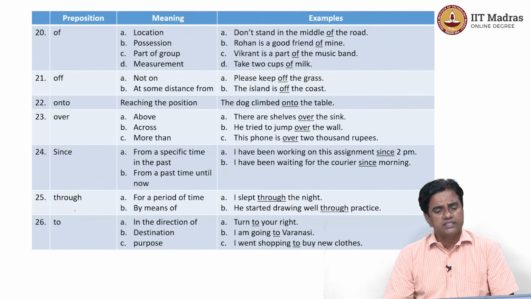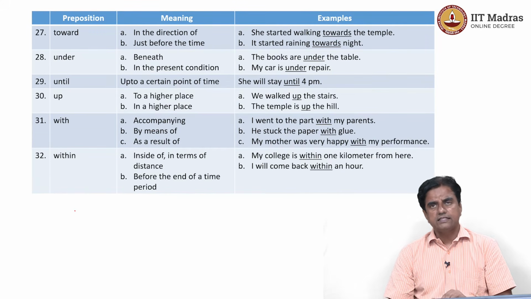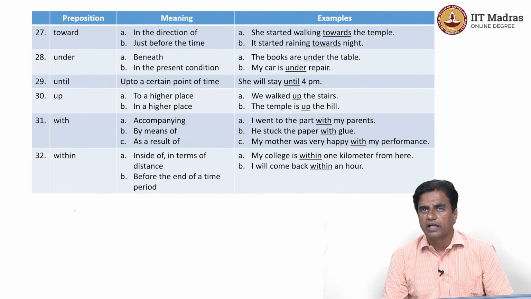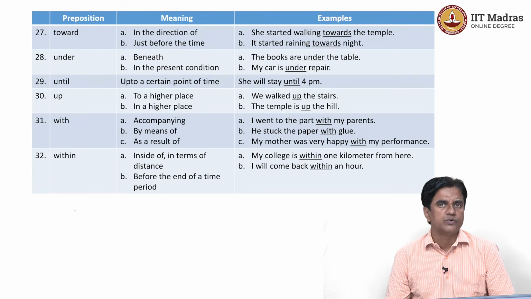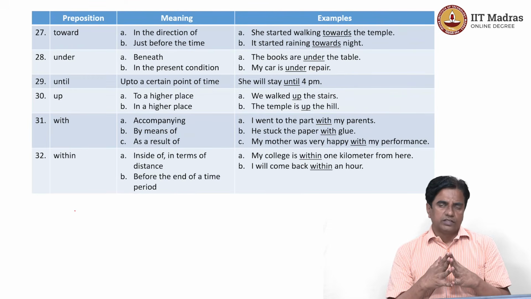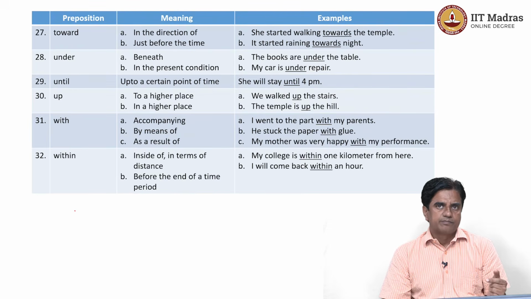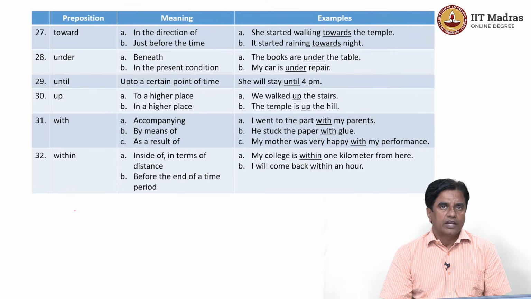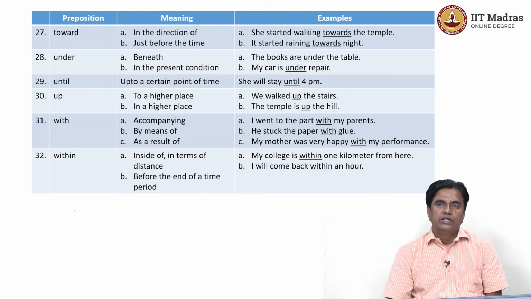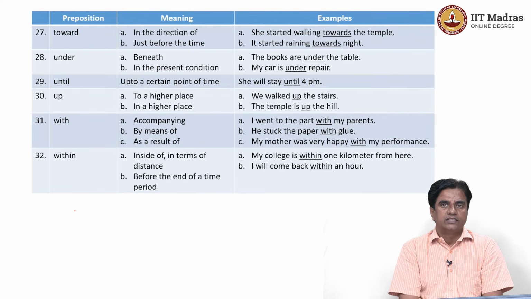We are doing this with the idea that these are the 32 prepositions which are most commonly and most frequently used by people when they speak and when they write. So the claim is not that these prepositions cannot be used in more contexts. In the second column, the meaning, we are only giving you an approximate idea.